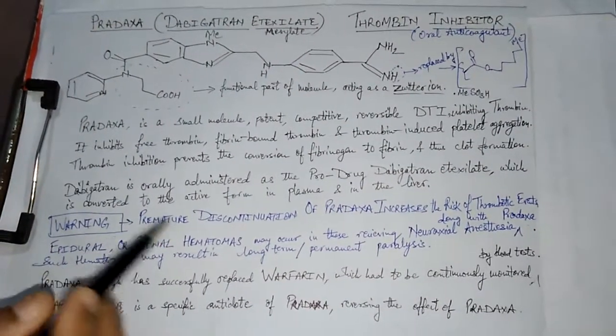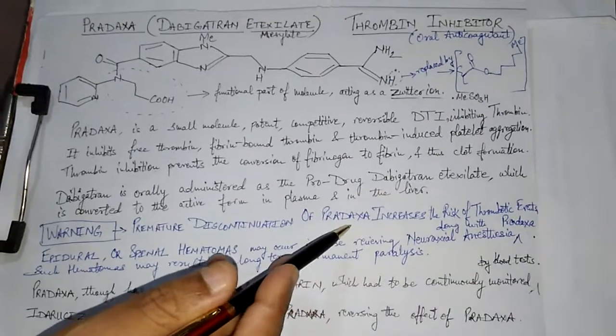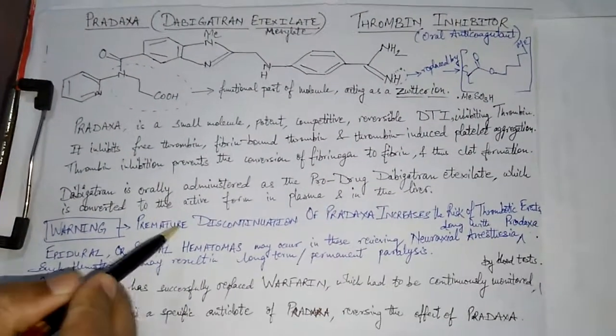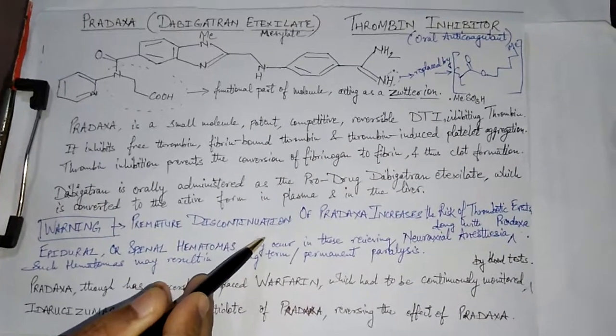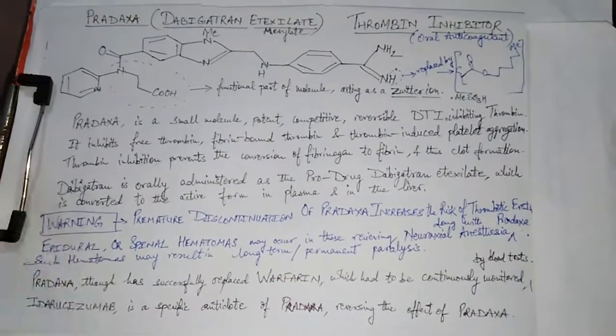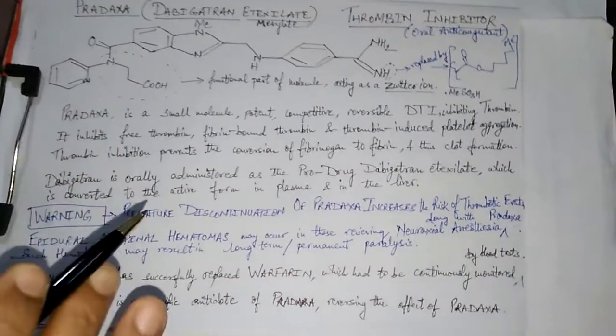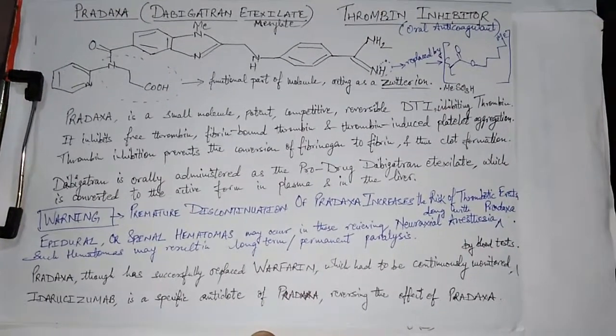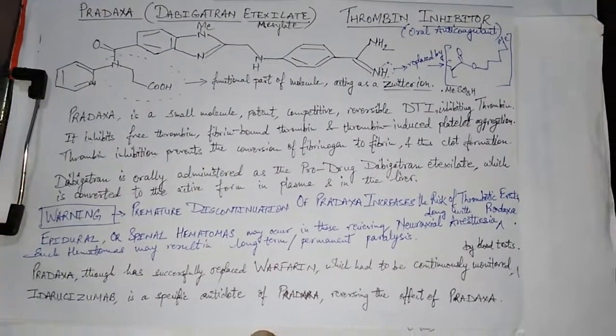Now the warning is that premature discontinuation of Pradaxa increases the risk of thrombotic events. Premature discontinuation should not be done with this drug. It is a warning that no premature discontinuation should be done, but on the contrary, it should be removed gradually.